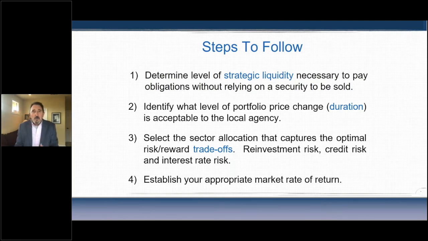As an example, most governments, not every one, use an index like the ICE 1 to 5 or 1 to 3. Others use the 12-month moving average of the 2-year constant maturity yield because they don't book paper gains and losses. The point is that the market rate of return is defined for your entity.